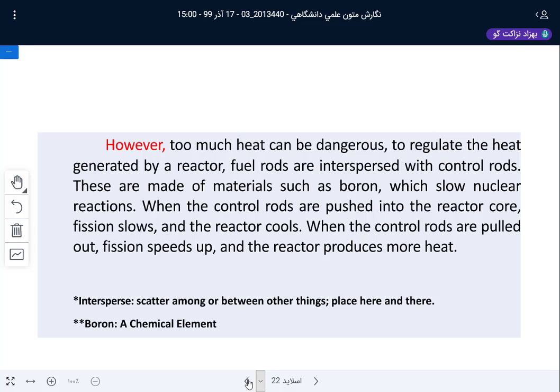They are made of materials such as boron, which slows nuclear reactions. When the control rods are pushed into the reactor core, fission slows and the reactor cools. When the control rods are pulled out, fission speeds up and the reactor produces more heat.